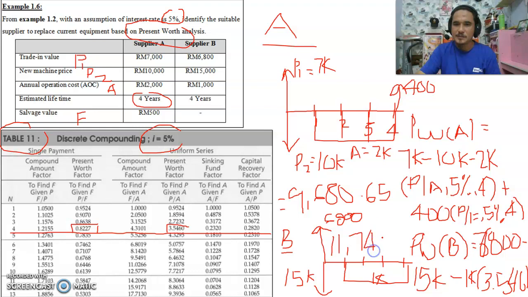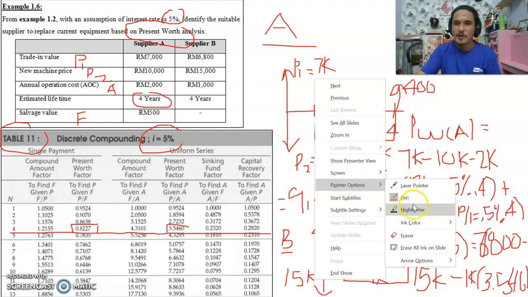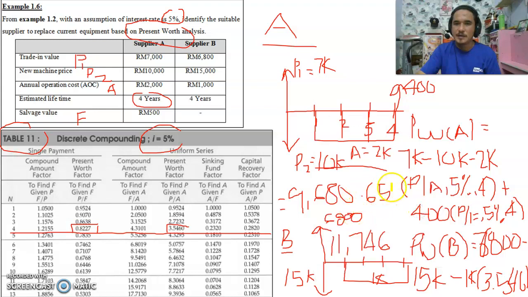So we have two answers. For A it is 9,680.65, and for supplier B the answer is 11,746.